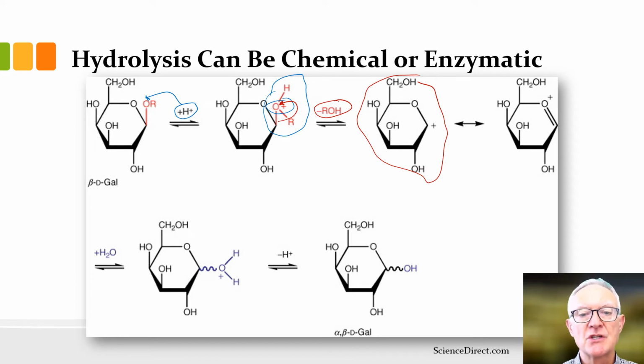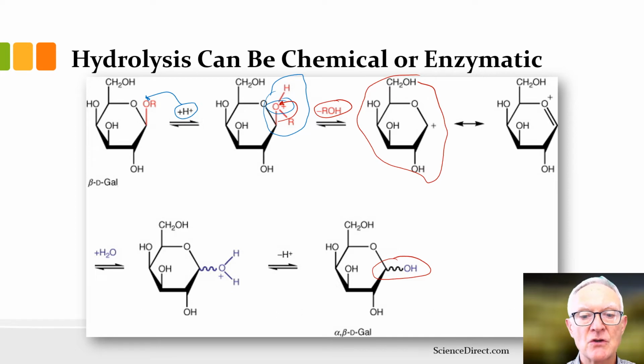You lose a proton, you rearrange, and you end up with a hydroxyl group back here at this position on the anomeric carbon. The squiggly line indicates that you could have the hydroxyl either above or below the ring, depending on how the mechanism worked. So that's basically basic chemical hydrolysis of a glycosidic bond.